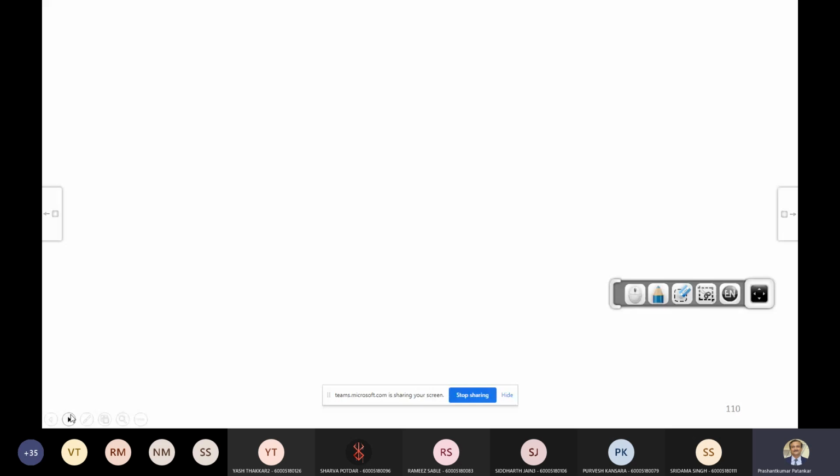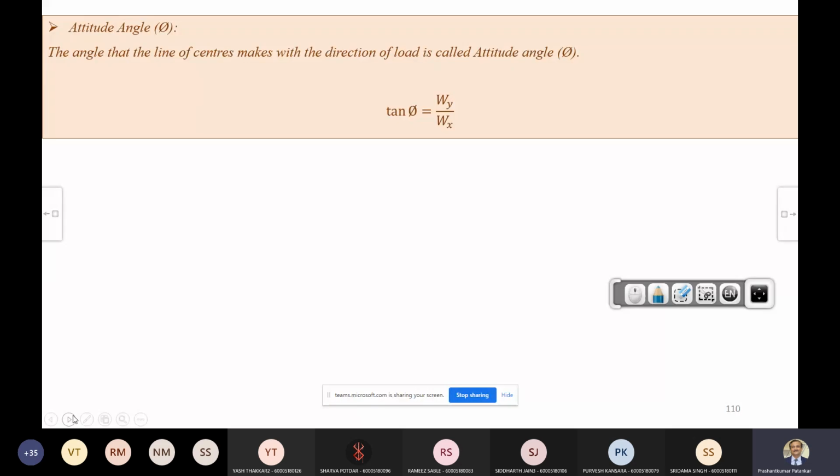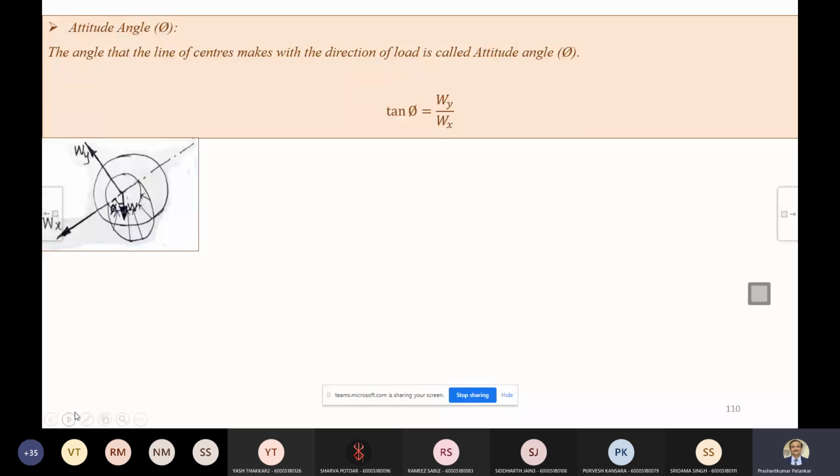Then regarding the attitude angle, the same thing we discussed earlier. Whatever external load is coming on your shaft, you take its X component and Y component, and using these components of the external load you can find out the attitude angle. Suppose Wx and Wy are your X and Y components, which I have shown over here.